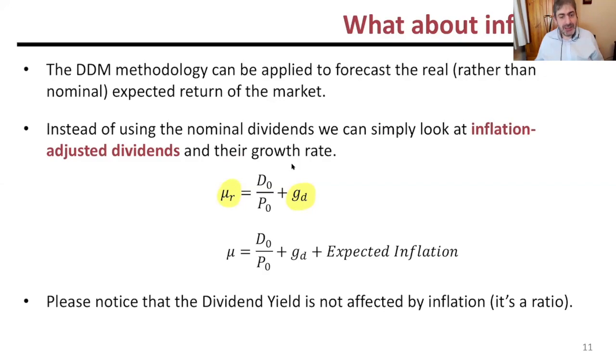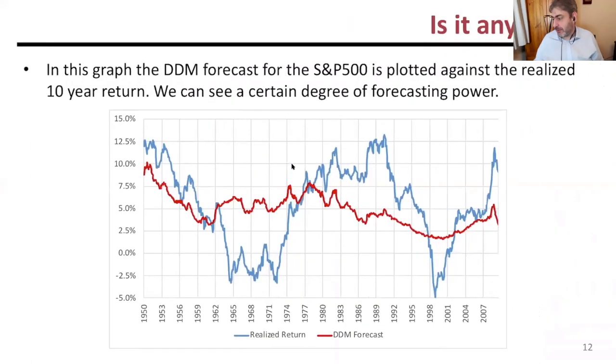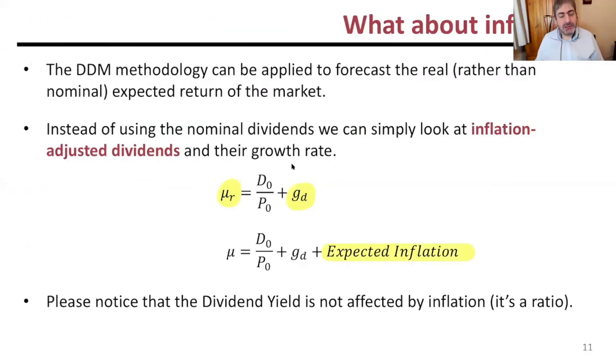Then, if from this we want to derive the expected return in nominal terms, we just have to add expected inflation. And that's exactly what AQR does. You have seen in the table, they do the calculations, and then they add 2.1% because that's the expected inflation they have for the next 10 years.